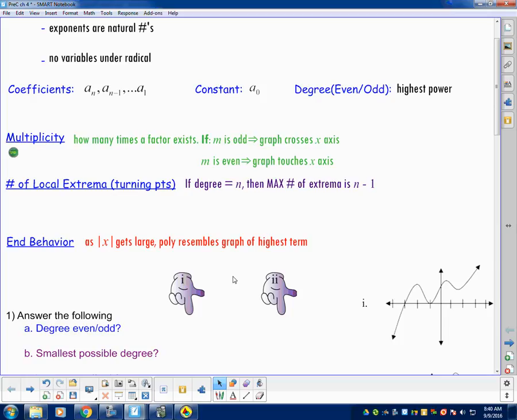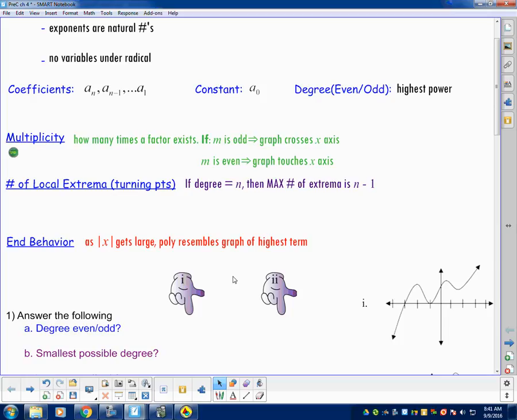Very calculus sort of idea. It says as the absolute value of x approaches, say, infinity, as it gets large, so it's getting closer to infinity, or even if it goes towards negative infinity, the polynomial is going to resemble whatever the highest term is.